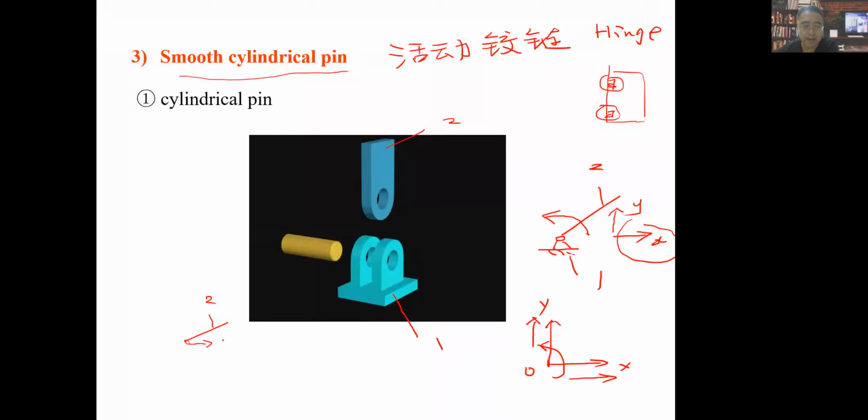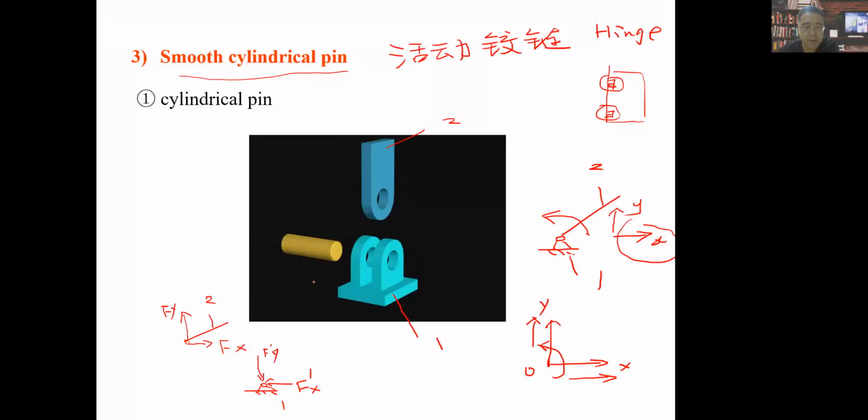One is Fx, another is Fy. Actually, these 2 forces are acted by this body 1, right? So this time, if we try to analyze body 1, it will have Fx prime and Fy prime.